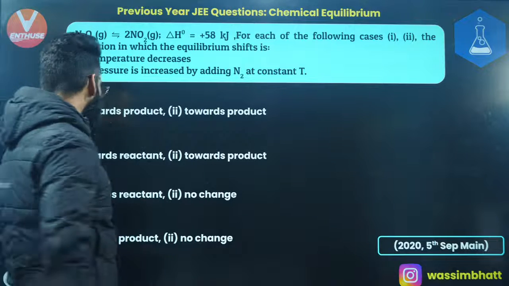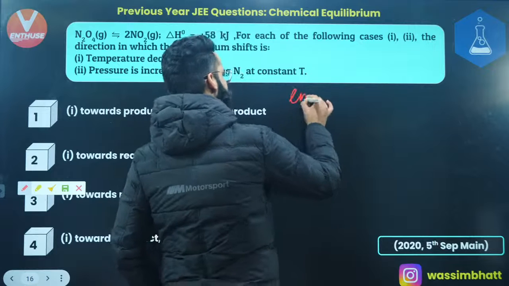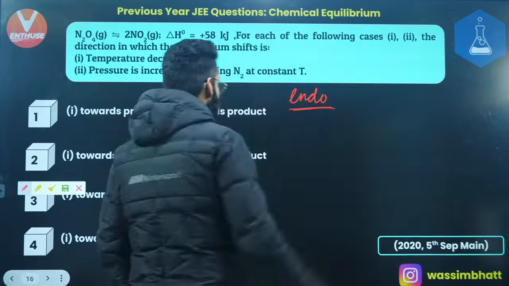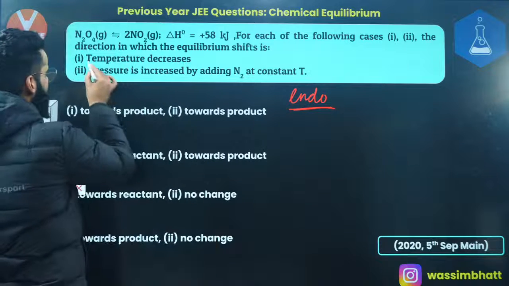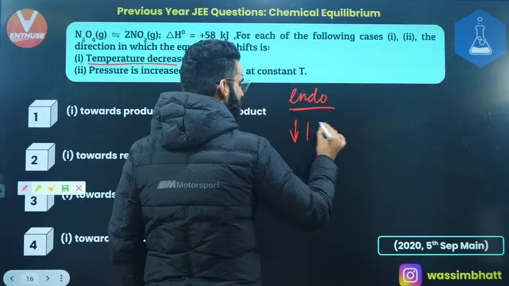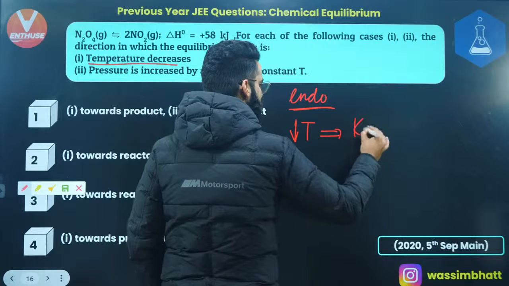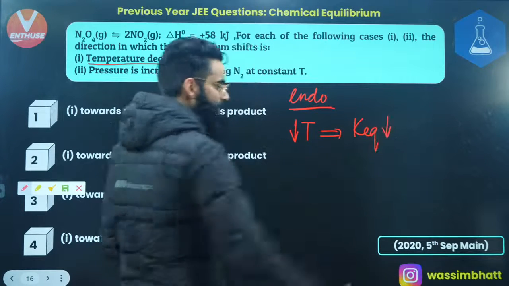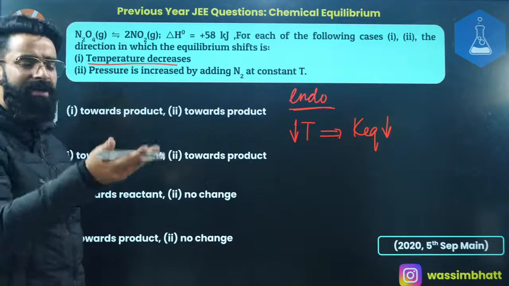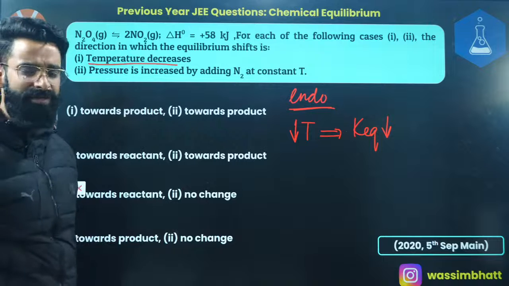So first of all, the reaction that's given to me is endothermic, right? And for endothermic reactions, if temperature is decreased, what happens to the equilibrium constant? Equilibrium constant decreases. For endothermic reactions, on increasing the temperature, equilibrium constant increases, and on decreasing the temperature, equilibrium constant decreases.